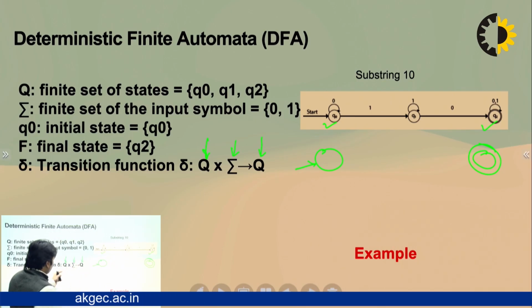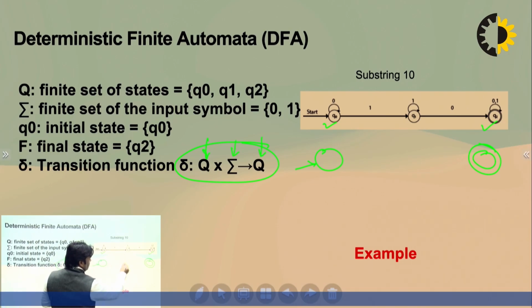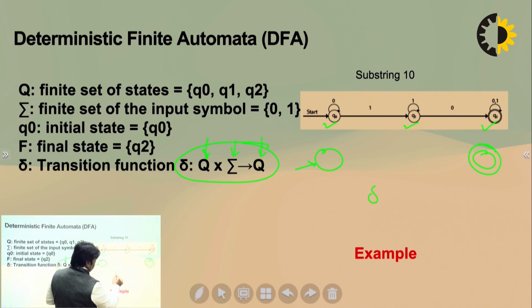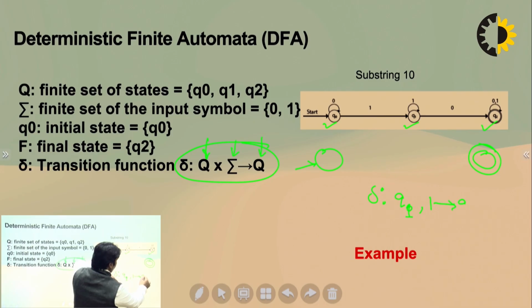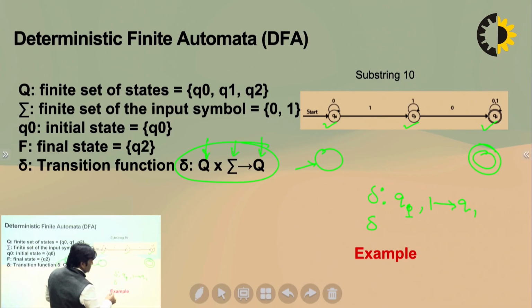If we talk about the transition function, when we are at Q1 and the input symbol is 1, the next state is Q1. And at Q1 when sigma is 0, the next state will be Q2.